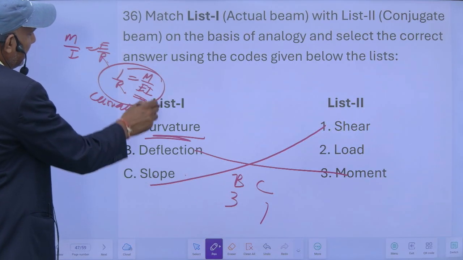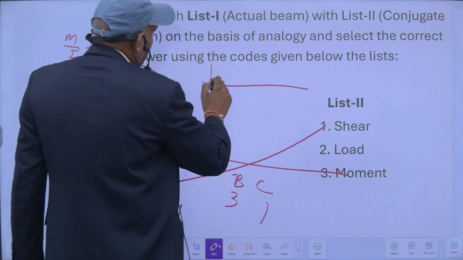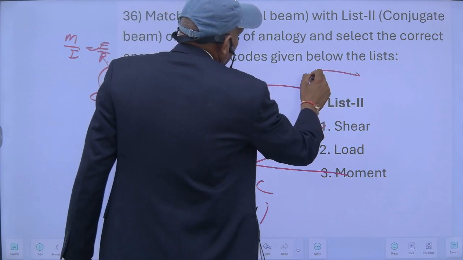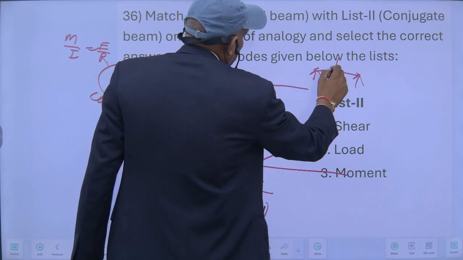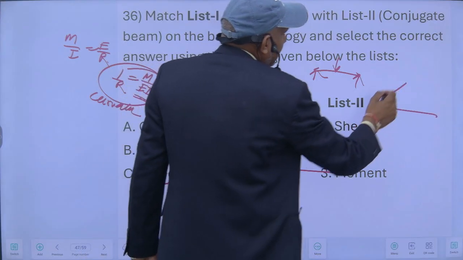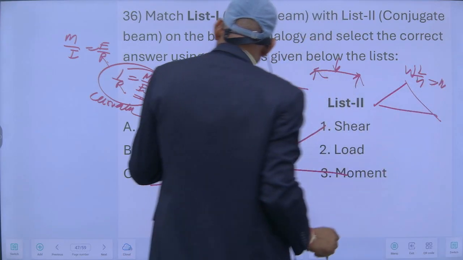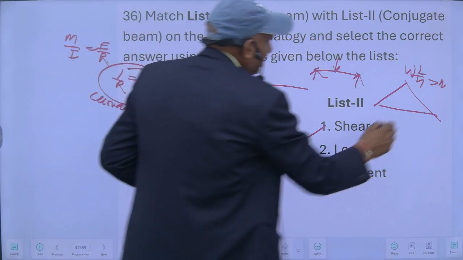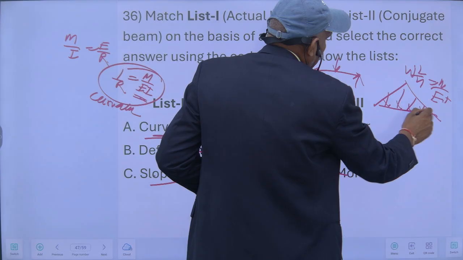Suppose this is a central load, so its bending moment will be like this, W up meaning M. When we divide M by EI, M divided by EI will give the loading.